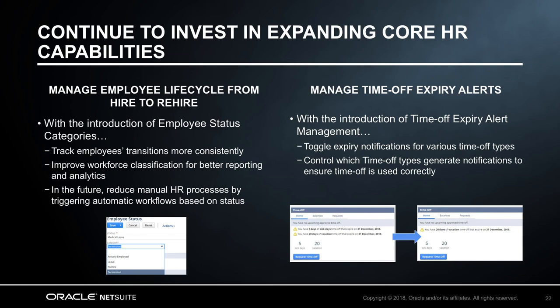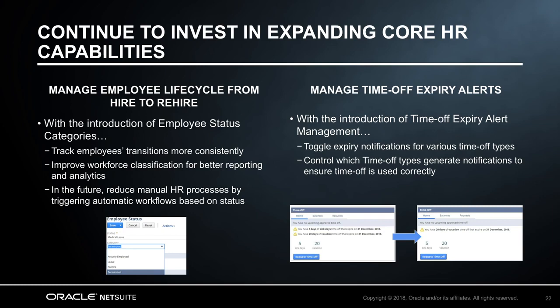However, with the introduction of employee status categories in the 19.1 release, such as pre-hire and active, NetSuite will be able to track employee transitions with improved consistency to create better reports and analytics to help you understand your workforce. Most importantly, the introduction of employee status categories allows the organization to come to alignment on the definition of an active employee.